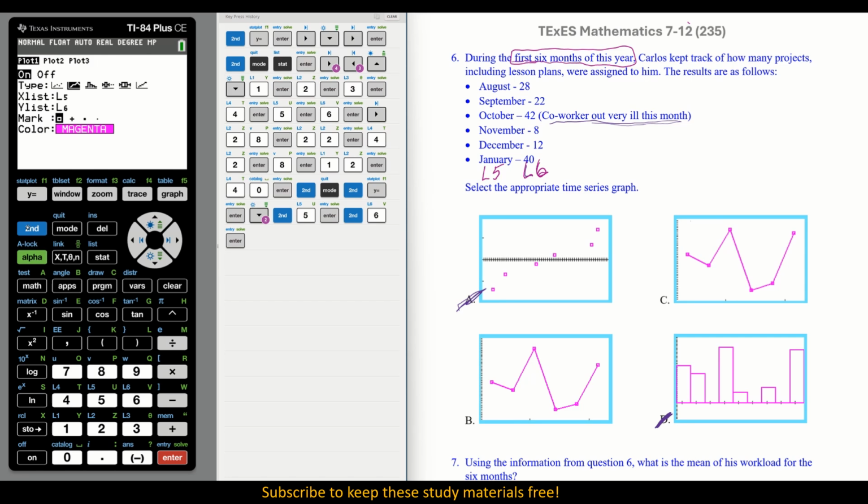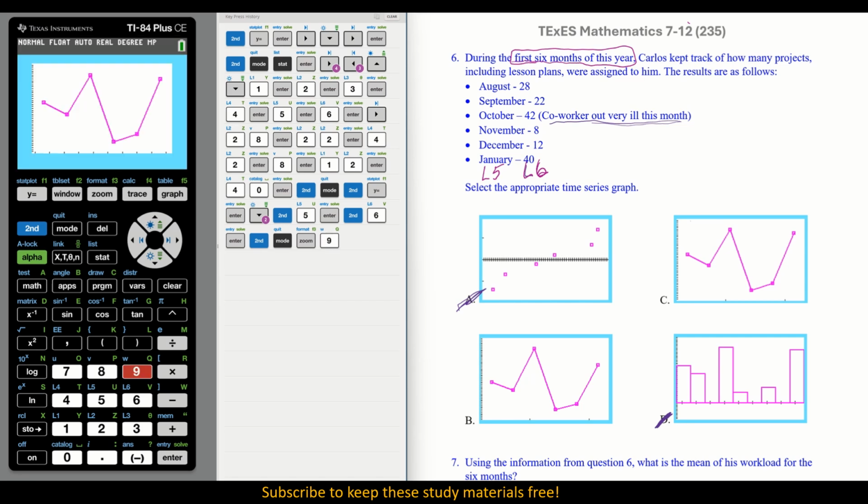Okay, so I'm going to back out, second mode. Now remember, if you've watched videos with me, we use zoom. Now, which one? We want 9. We put in data. That's why zoom stat often works the best. And there it is. Now we need to be careful when we use this.